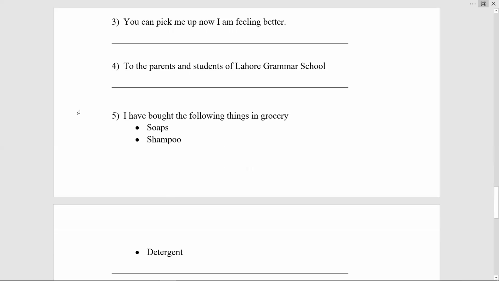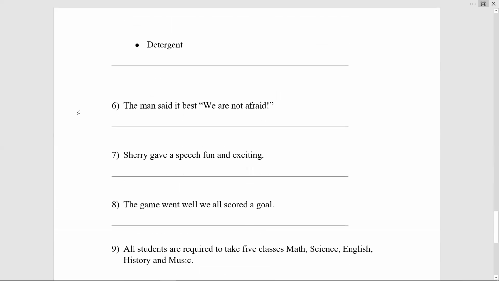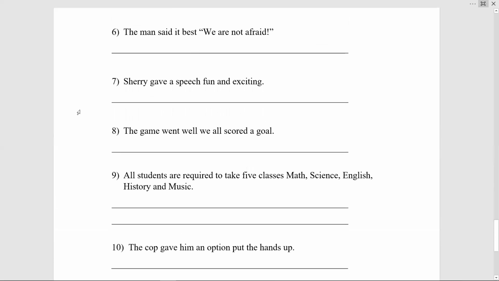Next sentence: to the parents and students of Lahore Grammar School. Another sentence: I have bought the following things in the grocery, soaps, shampoo, detergent. The sixth sentence to be solved is: the man said it best, we are not afraid. Sentence number 7: Sherry gave a speech, fun and exciting.